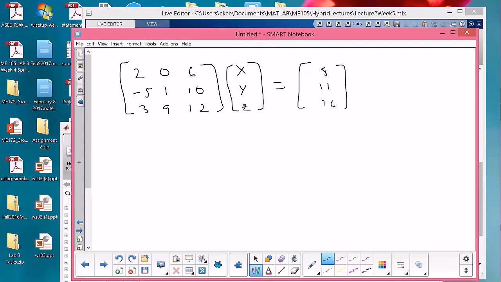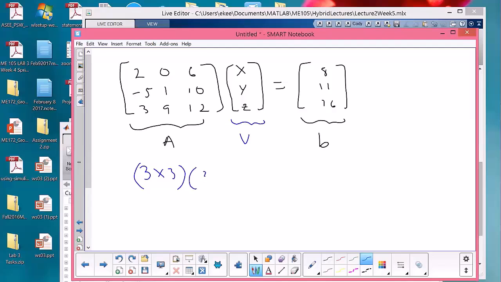Before, I gave the system of equations and said we should be able to generate the A matrix, the matrix of unknowns, and the right-hand side vector B. So you should be able to generate them. You are now doing a matrix times a vector. First of all, the student will say, is this possible? I look at the size of A. A is a 3 by 3. This is my vector of unknowns. Suppose I call it V. V is a 3 by 1.